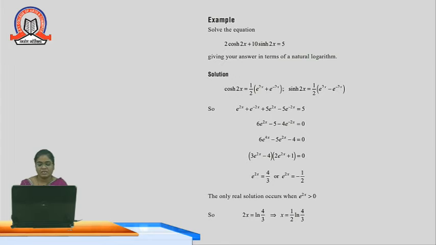The only real solution occurs when e power 2x is greater than 0, that is at 4 by 3. Now to find the answer in natural logarithm, we take log on both sides. So log e power 2x equals log 4 by 3, which gives 2x equals log 4 by 3. That is, x equals 1 by 2 log 4 by 3. This is the result of this problem.